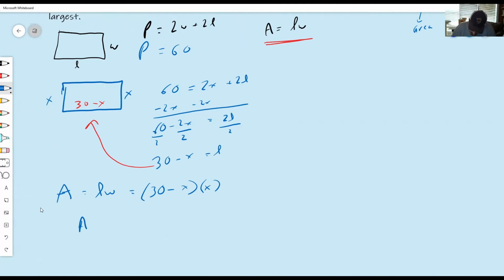Or area, in fact, you're going to call it area of x because the area depends on x. It's the only variable in there. You multiply this out, you're going to get 30x minus x squared. Or A of x equals minus x squared plus 30x. This is our area.